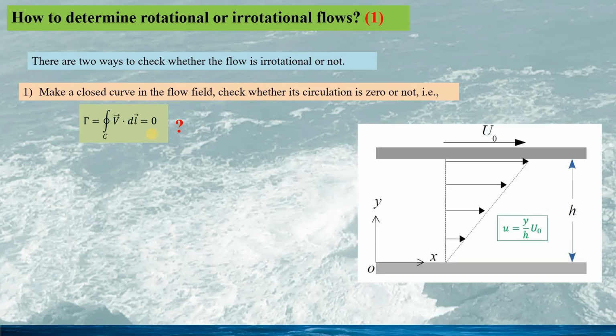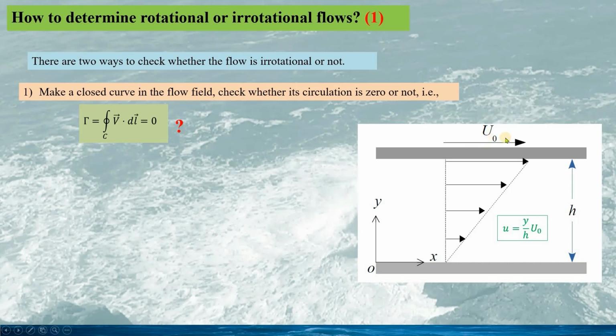Take an example of the simple Couette flow. The flow is confined between two large parallel plates, here and here, and the upper plate moves with a constant speed u0 here.